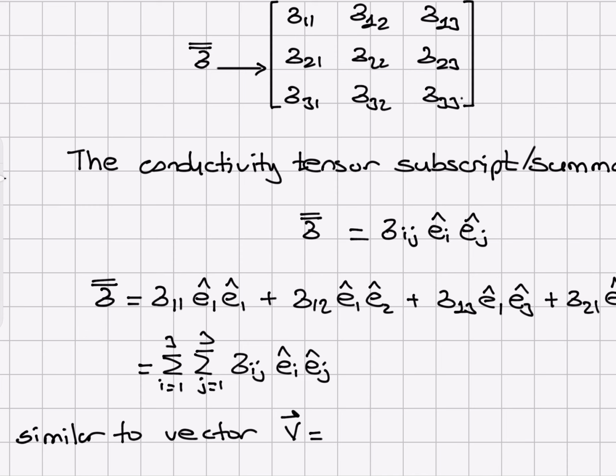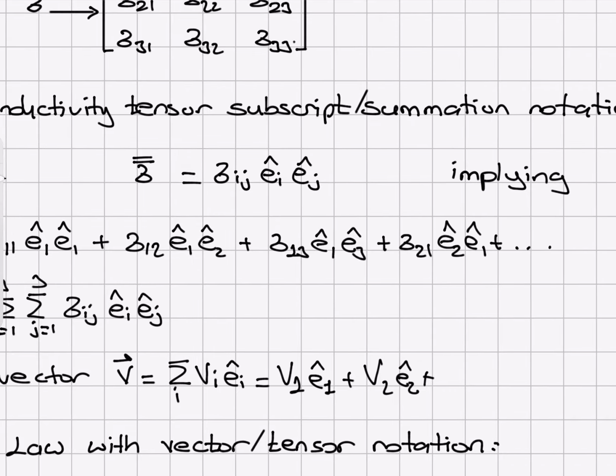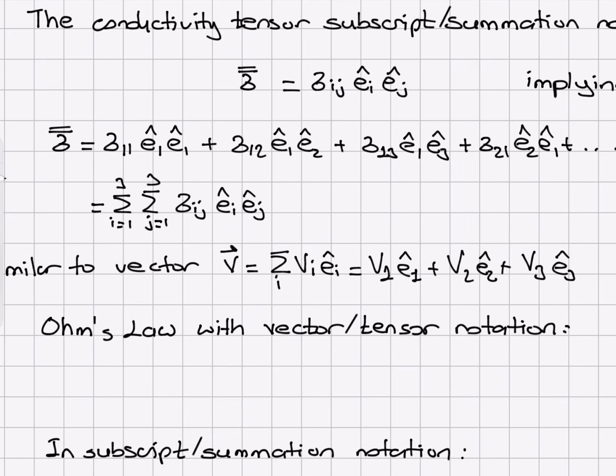So this is similar to the vector v, which is the sum over i of vi ei hat, which is v1 e1 hat plus v2 e2 hat plus v3 e3 hat. So with that, Ohm's law in vector-tensor notation is written as the vector J equal to the tensor sigma dot product with the electric field E. It's a dot product.